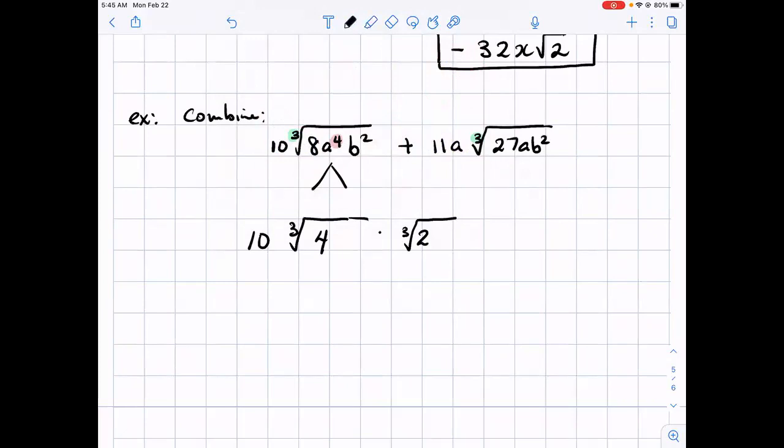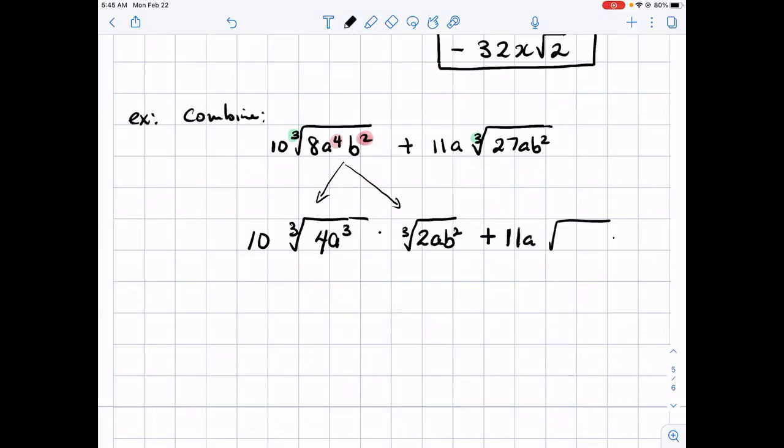So I have to write that as a cube times a, okay? And the power here is smaller than my index, so that will not be able to simplify it. So this here, by simplifying, I get these two radicals. Now plus, so the 11a stay outside.